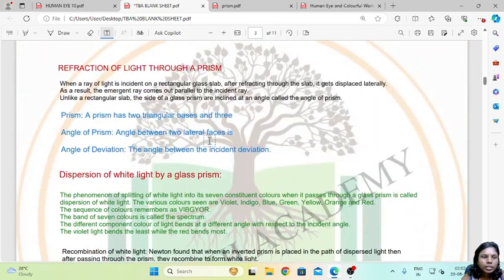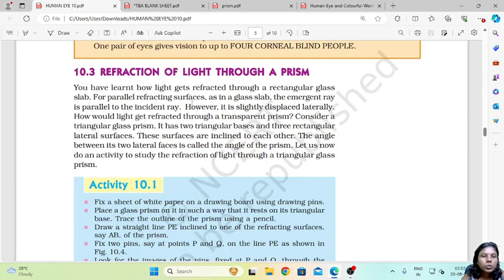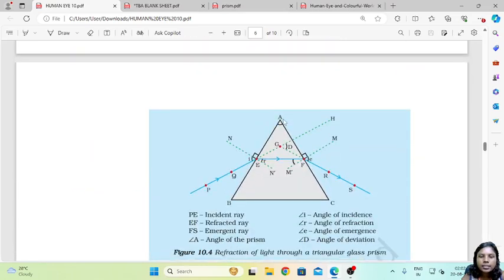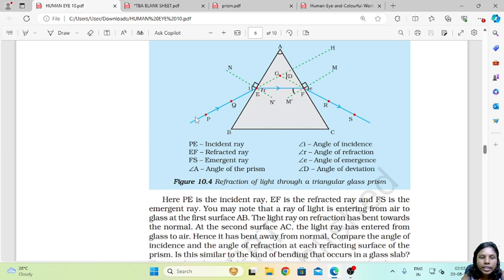So to begin with, let's understand what is refraction of light through a prism. Now when a ray of light is incident on a rectangular glass slab, after refracting through the glass slab, it gets displaced laterally. As a result, the emergent ray comes out parallel to the incident ray. So here, this is the glass prism that we have, A, B, C, and there is an incident ray going through.